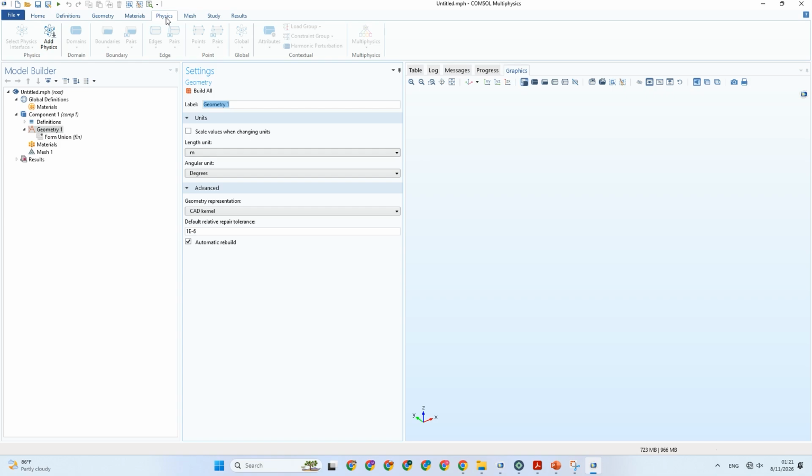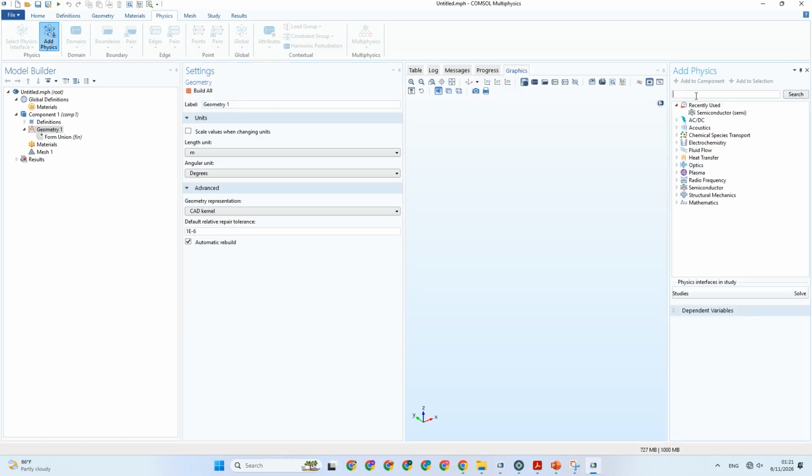And we can add the physics from add physics. Here I just search battery. We have a lithium-ion battery.